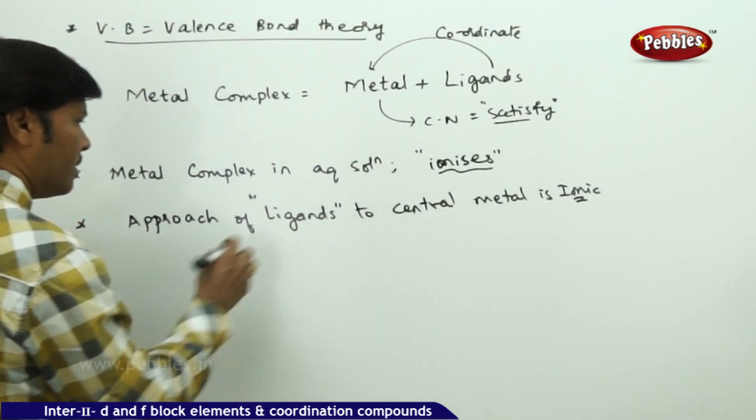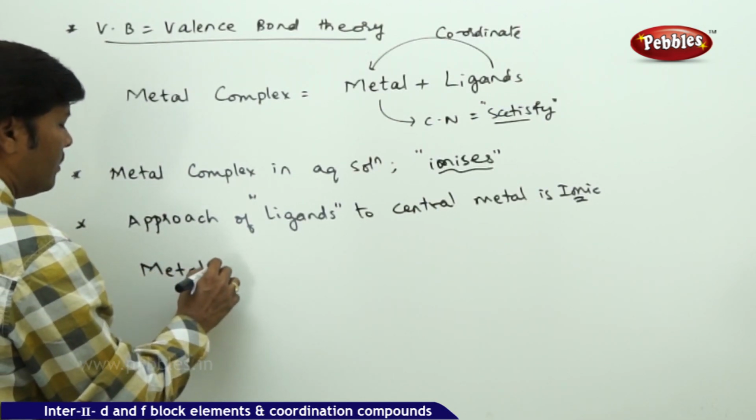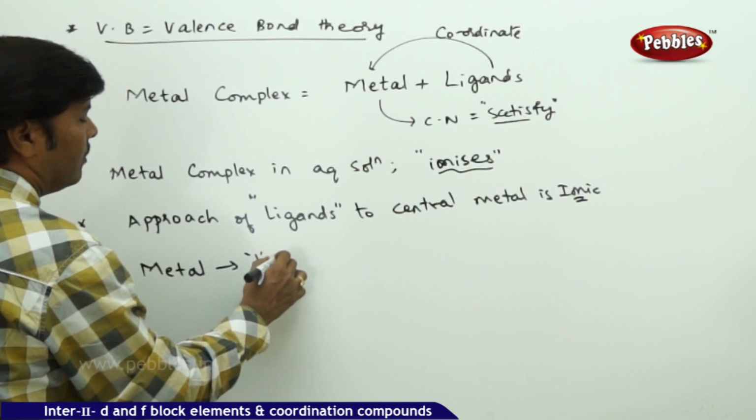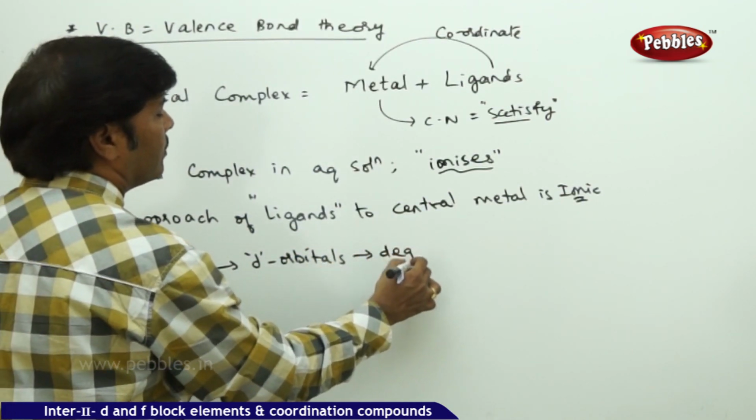That means the metal contains d orbitals, and these d orbitals are always degenerate.